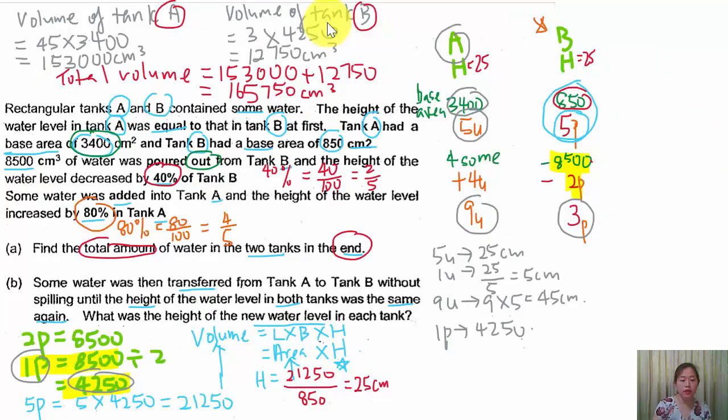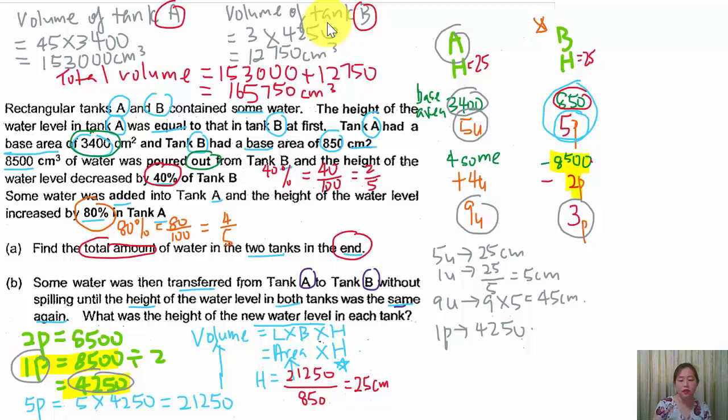So we can see that there is some water that was transferred from A to B. And the trick is that the height of the two tanks was the same. So in order to make the height the same, we have to pretend that the two tanks actually combine.